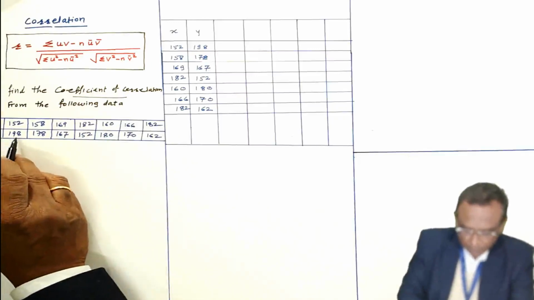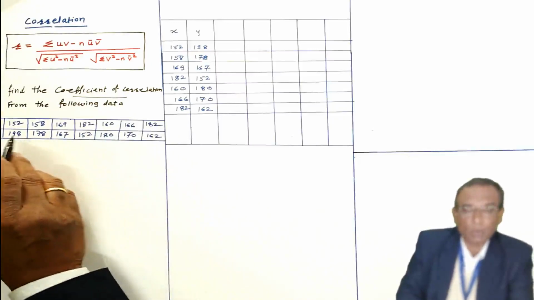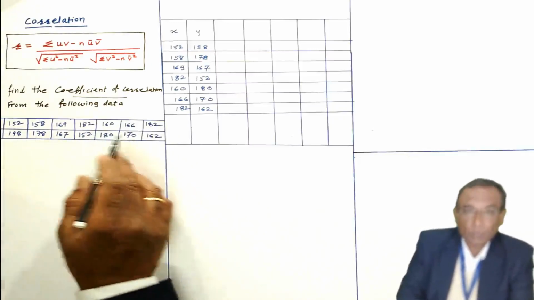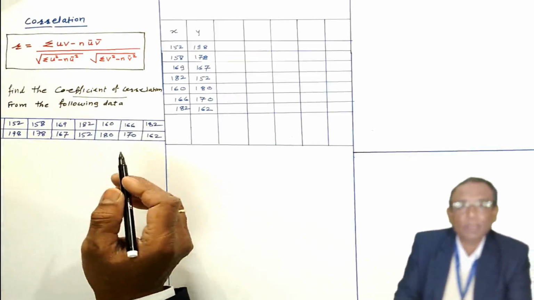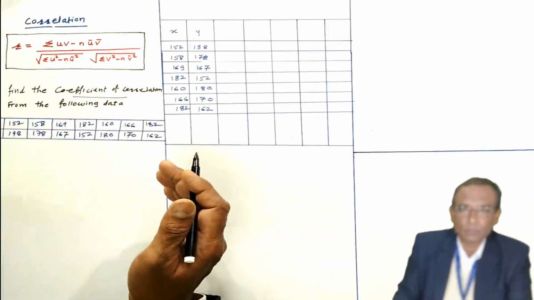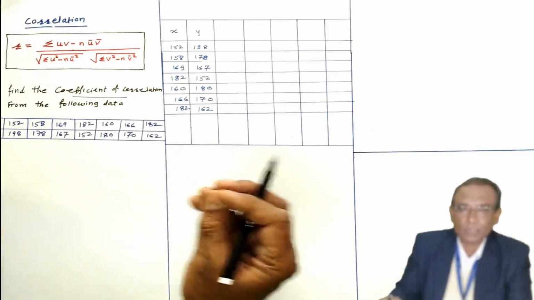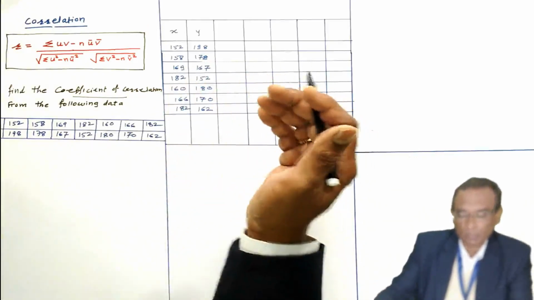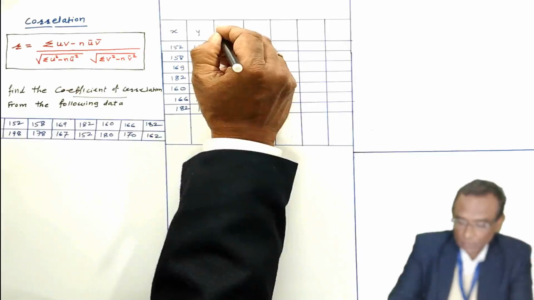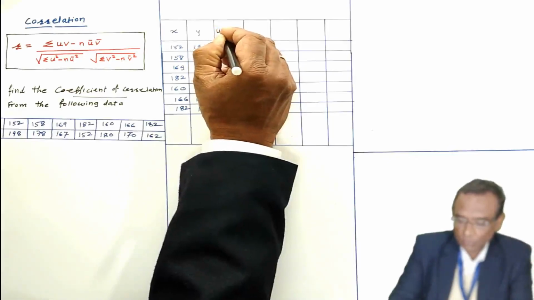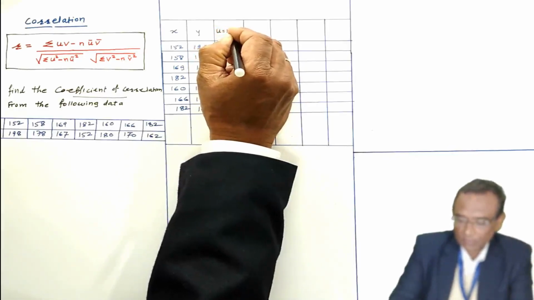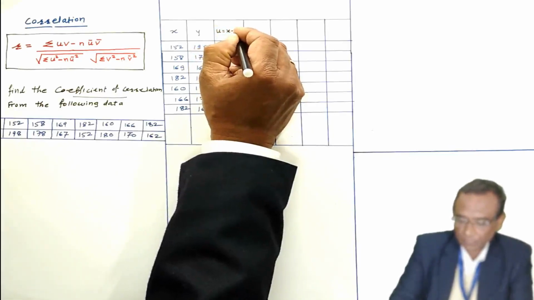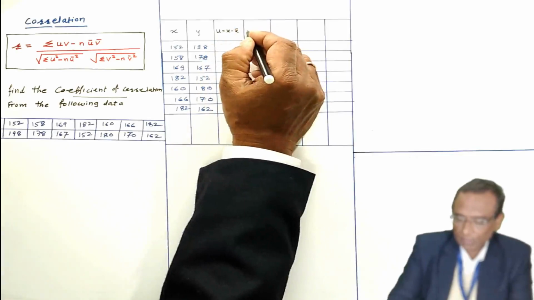If you take the mean of y or the mean of x, you may get a fraction or a decimal value, and then x minus x bar, here I am writing u, and y minus y bar.